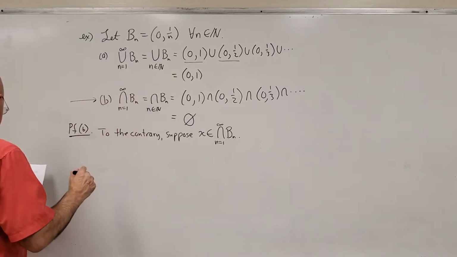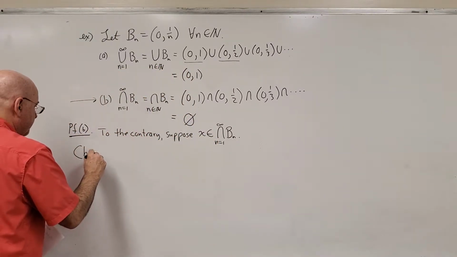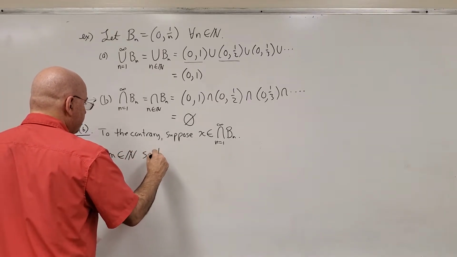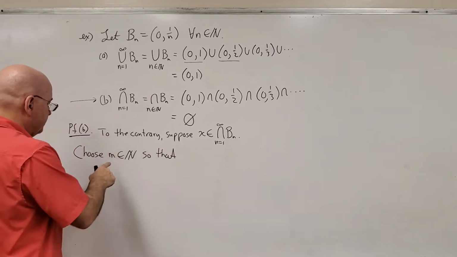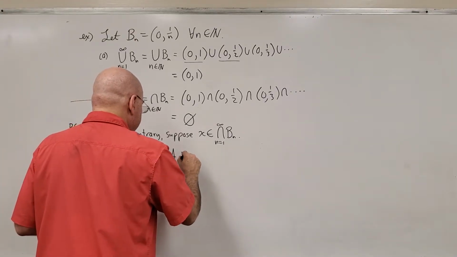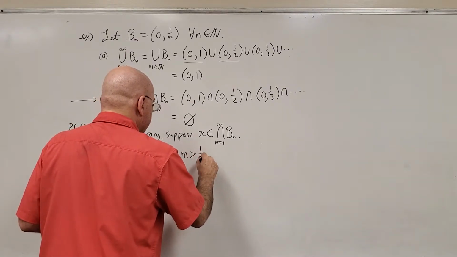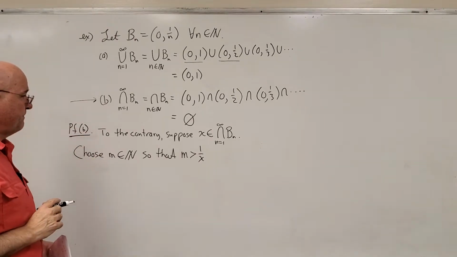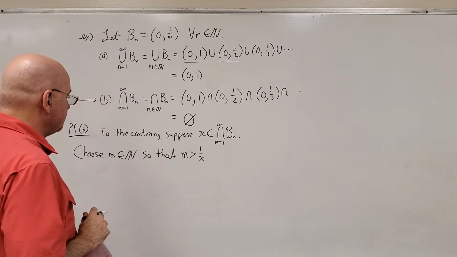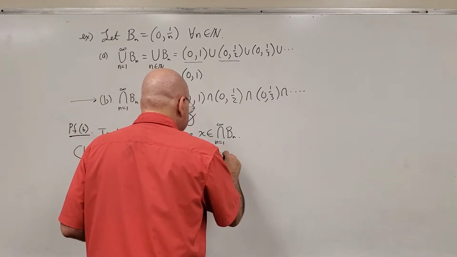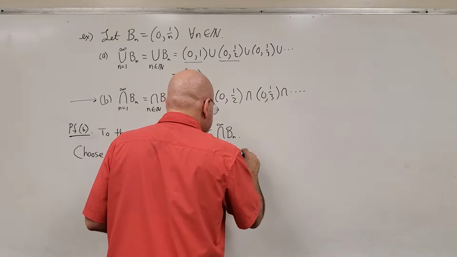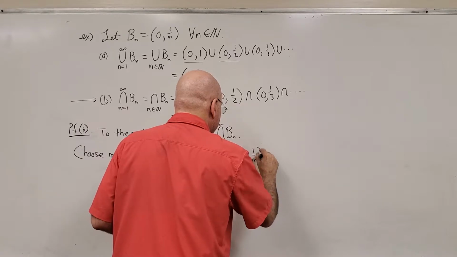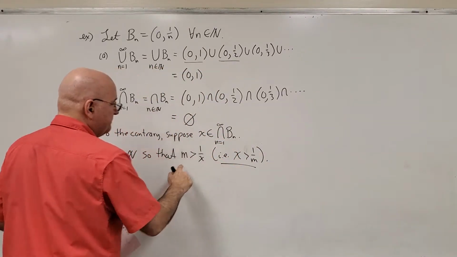Well, I'm going to choose some natural number m in such a way that this number is bigger than the reciprocal of x. If x is a small number, 1 over x is a big number. And I'll go ahead and say that x is bigger than 1 over m. Those two things just mean the same thing.